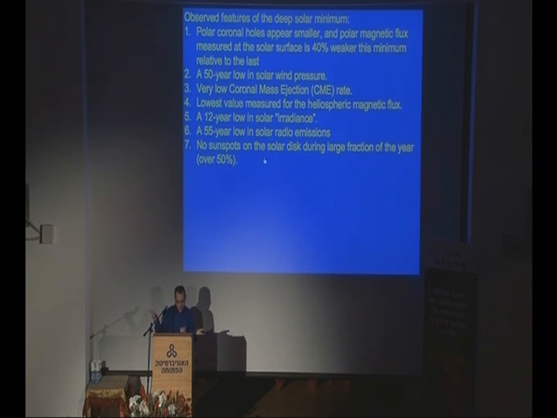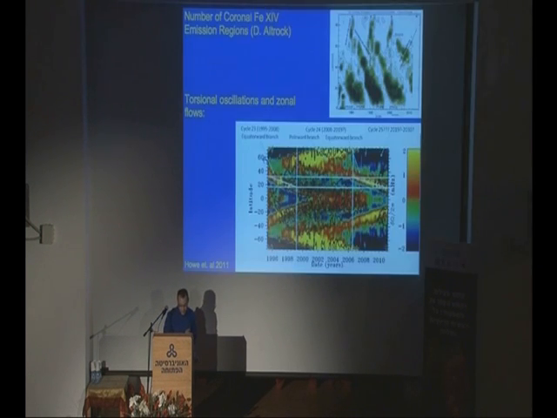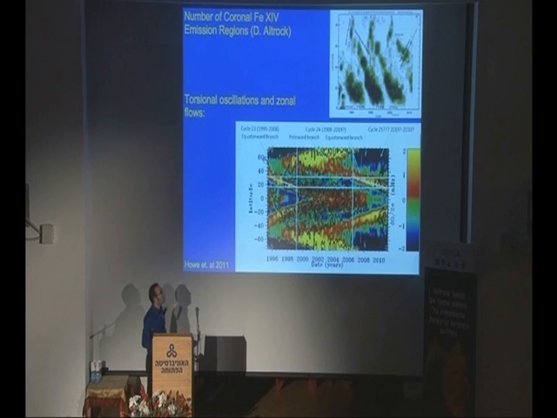We have a 20 year low of solar radiance, which is the ambient flux that comes from the sun. We have a 50 year low in solar radio emissions. And during 2009, 50% of the days during the year were with no sunspots at all. So it's a really deep solar minimum.